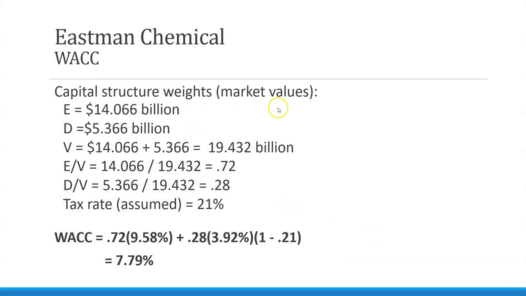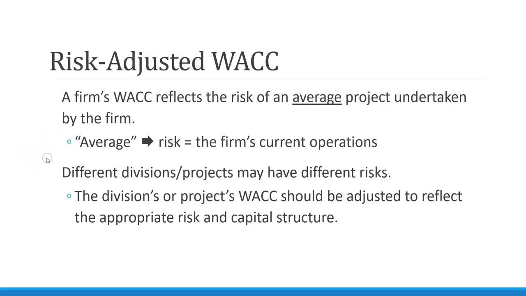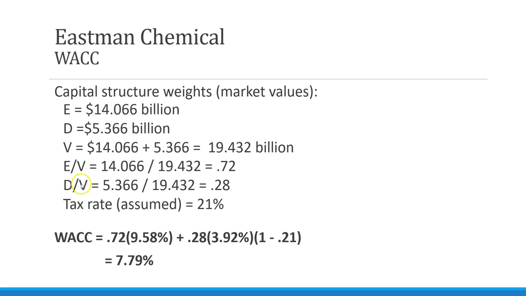So we have capital structure weights of their market values. What is their total equity? That's their total outstanding stock times their current stock price, and total debt, which is the amount of their bond issue.